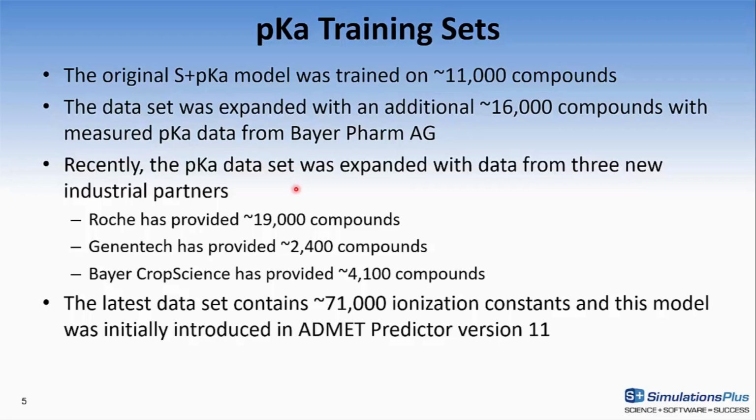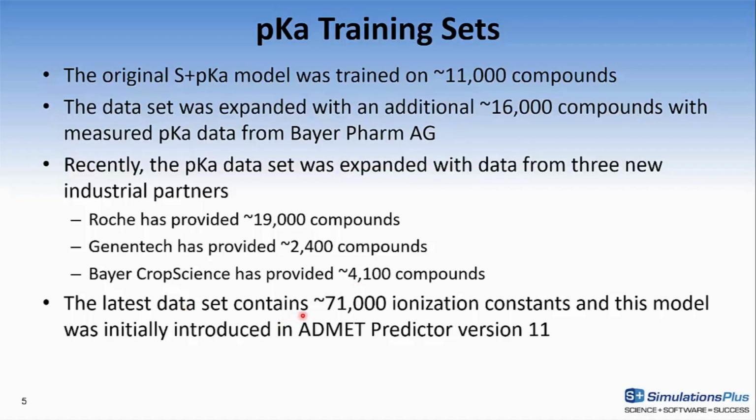Then recently, a year or two ago, the pKa data set was further expanded with new data from industrial partners. Roche contributed about 19,000 experimental values. Genentech provided 2,400, and Bayer Crop Science provided 4,100.